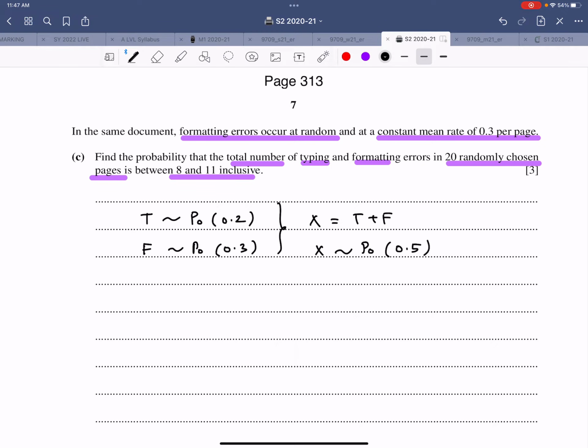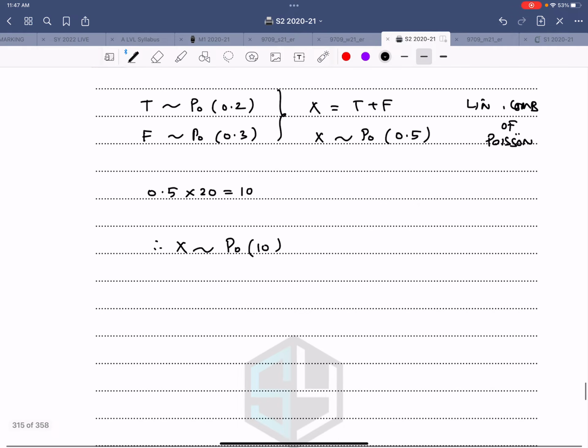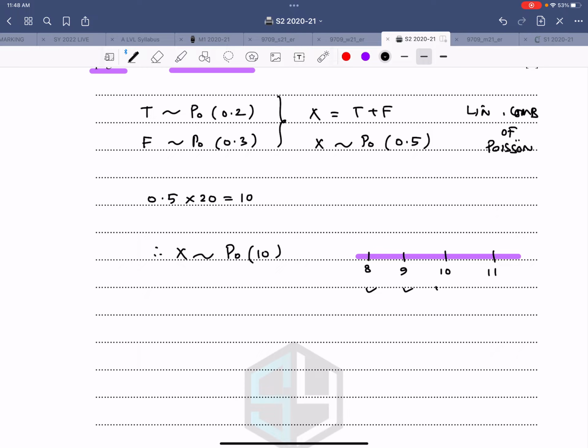That is a linear combination of Poisson variables. You simply add the means. Now 0.5 multiplied by 20 is 10. So therefore X follows a Poisson distribution with 10, between 8 and 11 inclusive. So this is 8, this is 9, this is 10 and this is 11. So you need 4 terms over here.